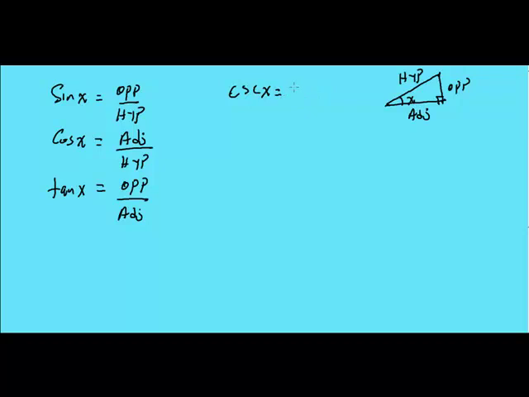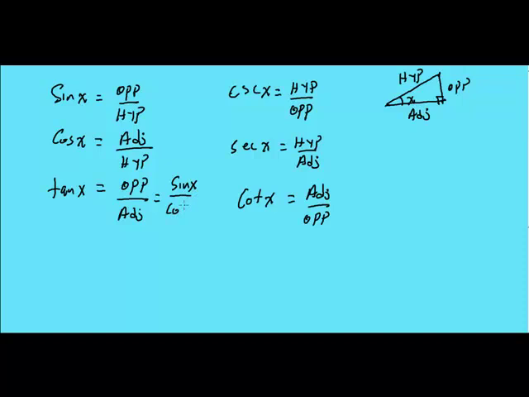Cosecant is hypotenuse over opposite. That's the ratio. And then secant is hypotenuse over adjacent. And then cotangent, which is my final trig function, is adjacent over opposite.